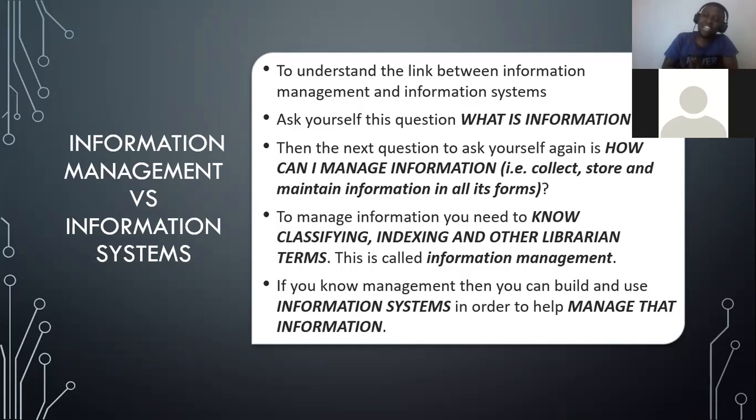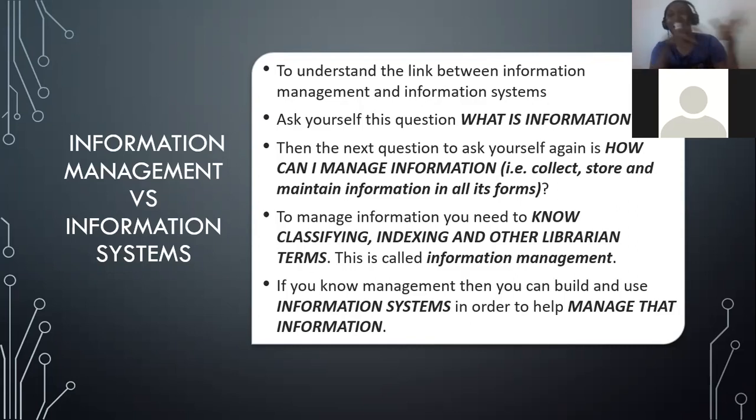So instead of you using the physical system that was used back then of physical cabinets, right? You can take advantage of information systems that can help manage that information. So what you just have to do is you go on your computer, there is a software that will help you with managing information.